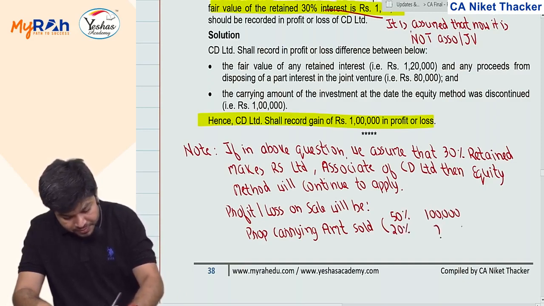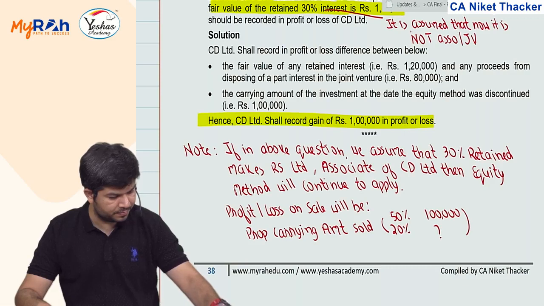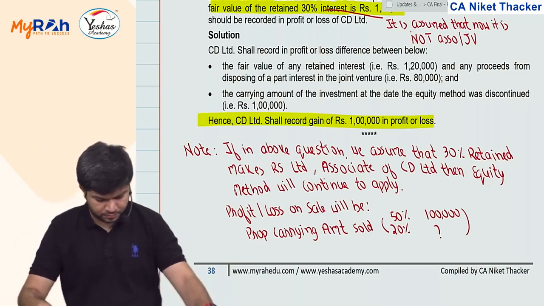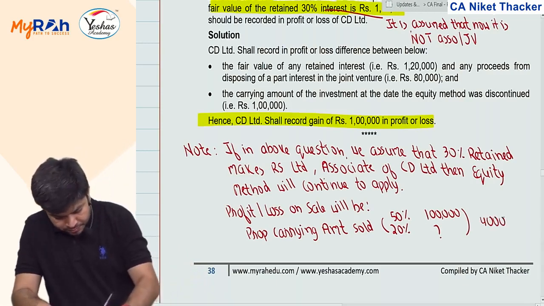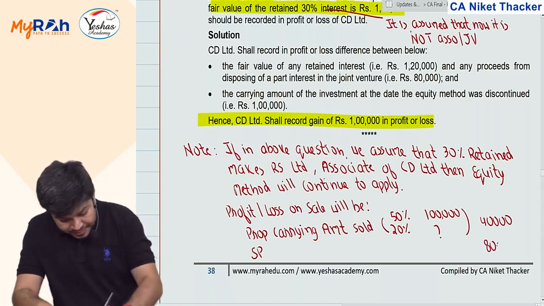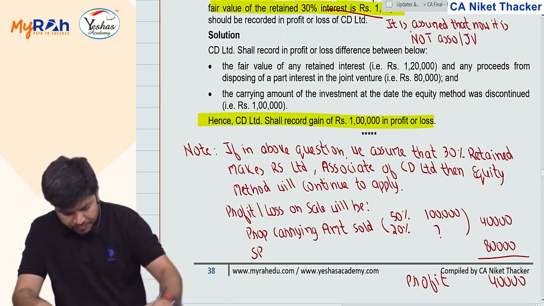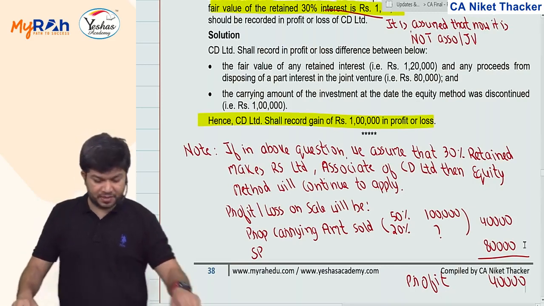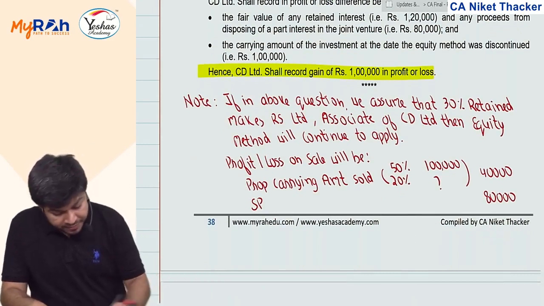We sold 20%. 50% is 1 lakh, 20% is 40,000. Selling price we sold for 80. Profit is 40. If 30% is still associate, if it still remains associate or JV, remaining interest is not fair valued.